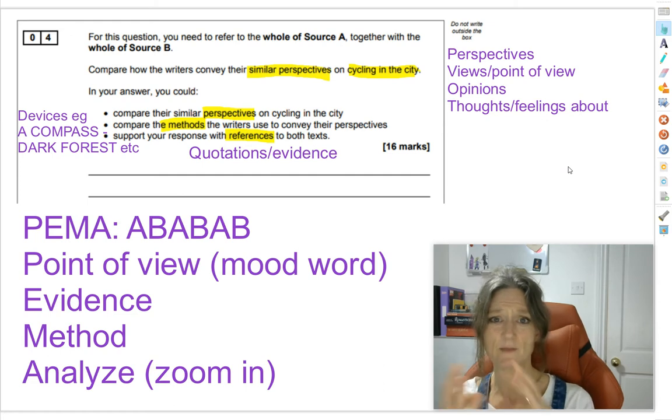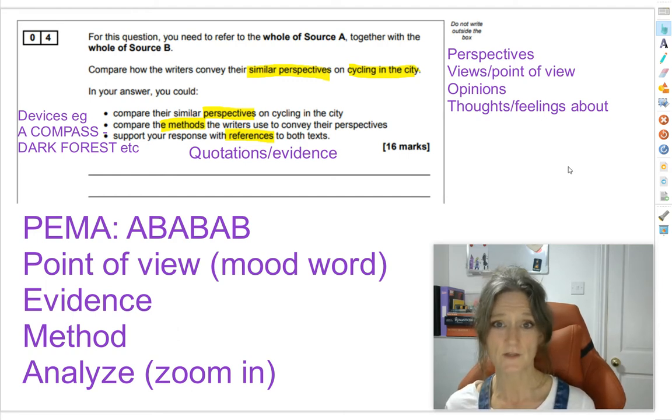And maybe some of the scaffolding that I'm going to put in place for you, and some of the things to help jog your memory, you'll be able to not rely on so much, not have to write a detailed plan, and just be able to go straight into your analysis and kind of know instinctively how you need to annotate your paper and what you need to do for this question.